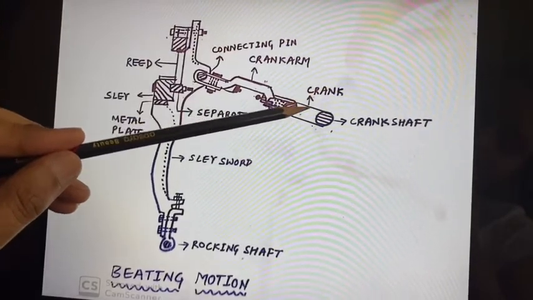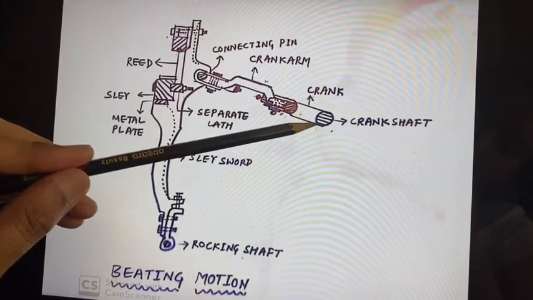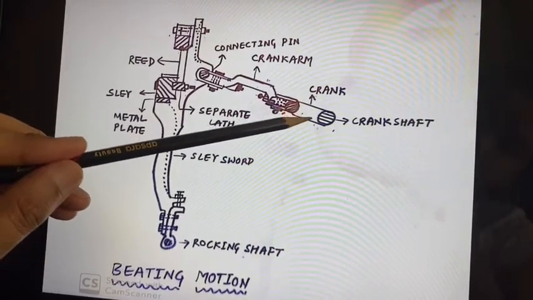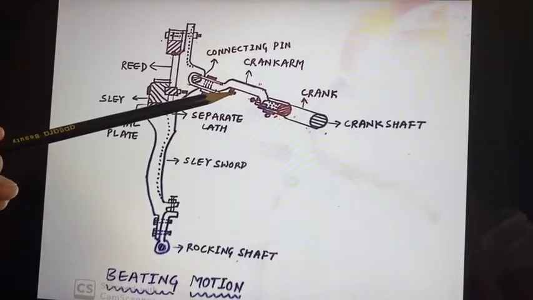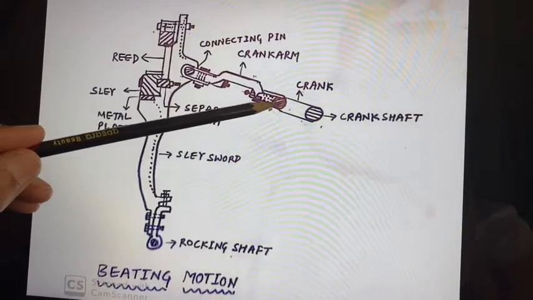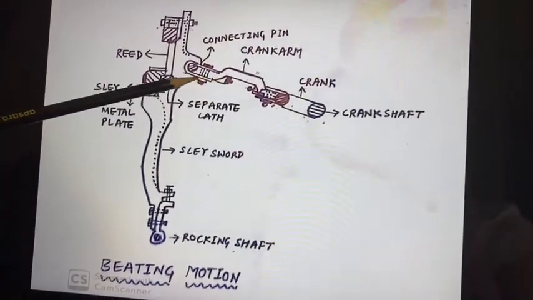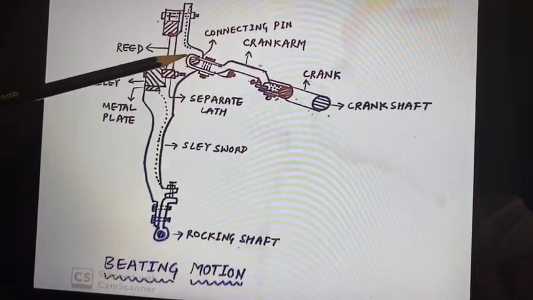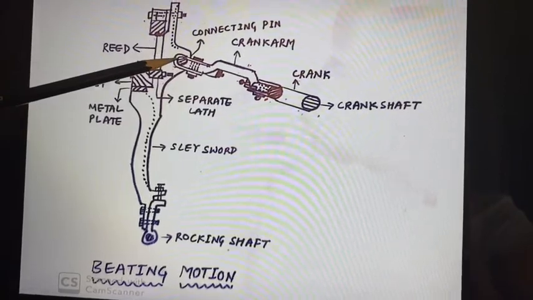This bent part of the crankshaft is connected with the crank arm with the help of connecting pins. At this end the crank arm is connected to the crank, and the other end of the crank arm is connected with the sley sword with the help of a connecting pin.